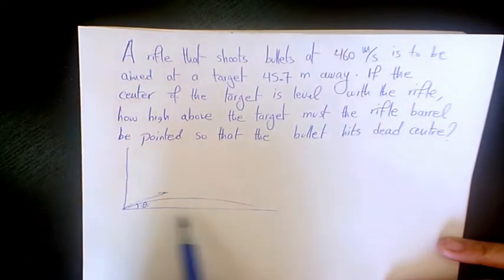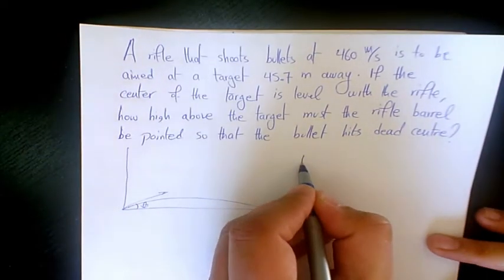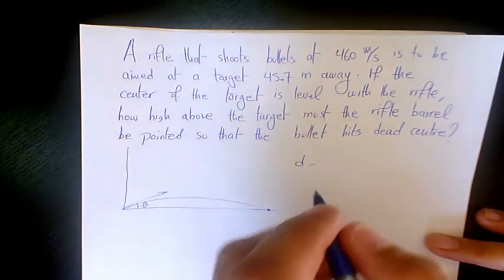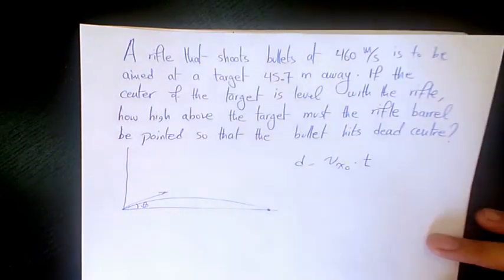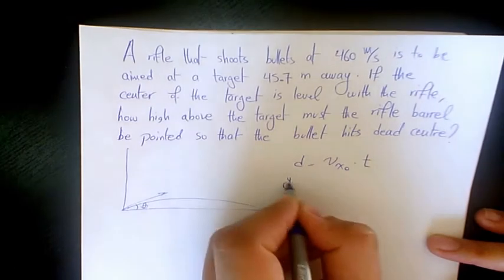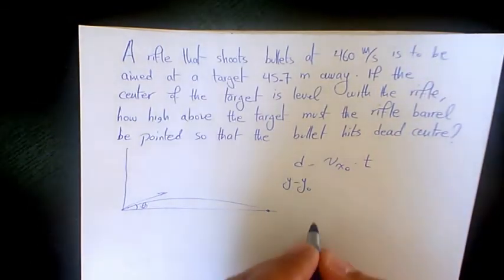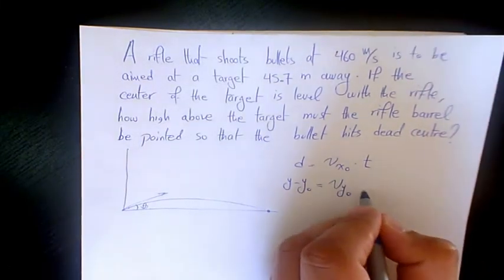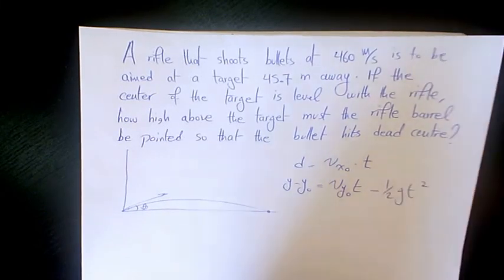So the initial and final y is going to be the same, so we can say that d, which is the distance, that's 45.7 meters, equals v_x0 times t, and y minus y_0 equals v_y0 t minus 1/2 g t squared.